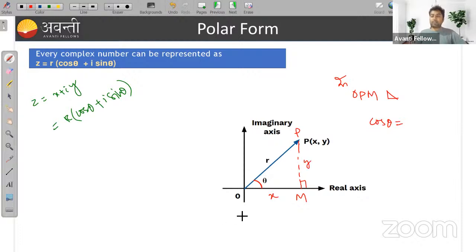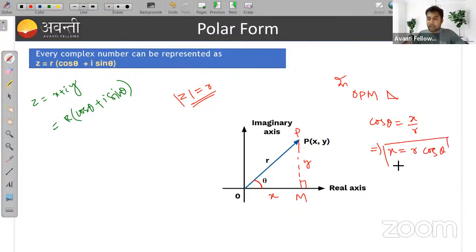So cos theta becomes x upon r, if the length of OP is r, the modulus of this complex number, mod z, equal to r. Then x will be r cos theta.